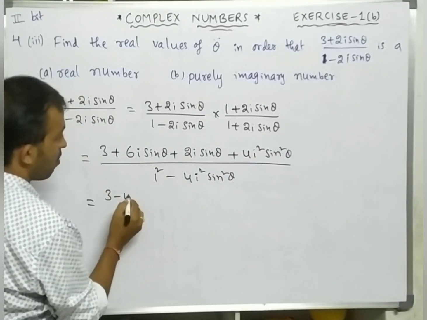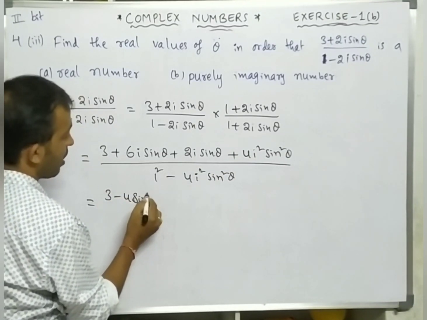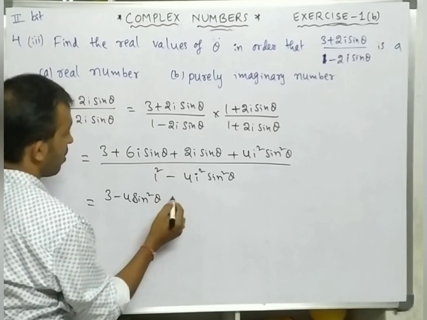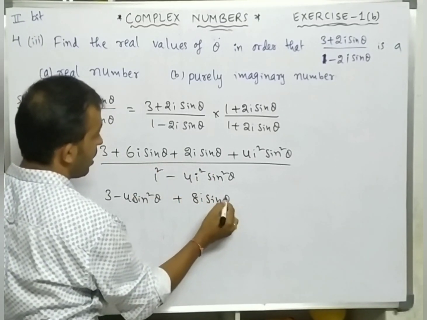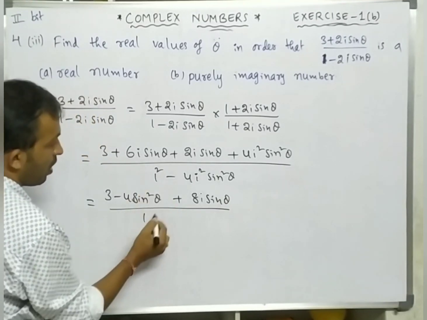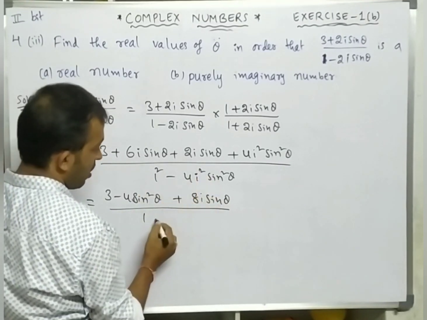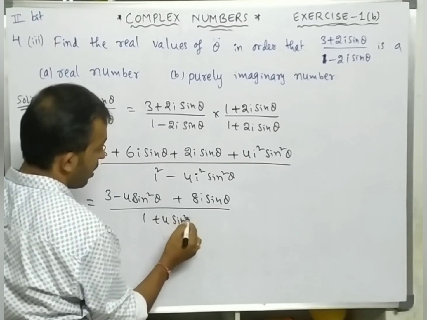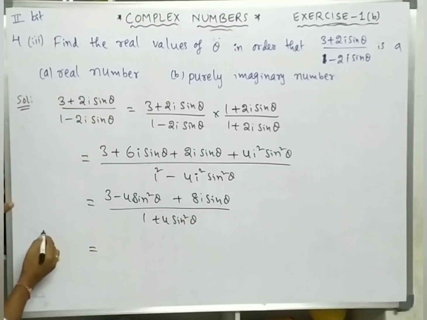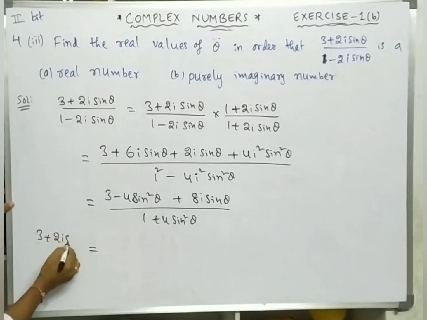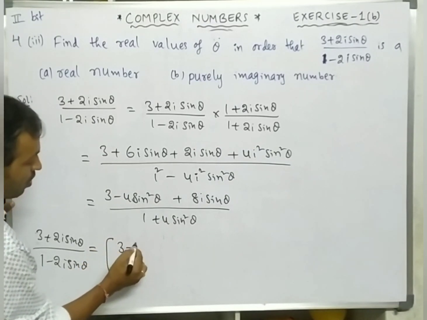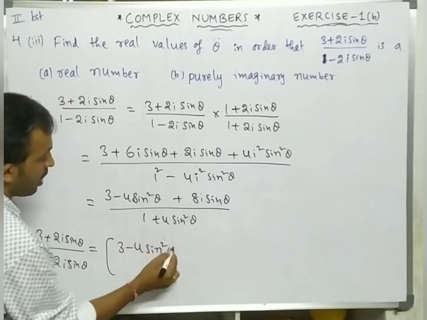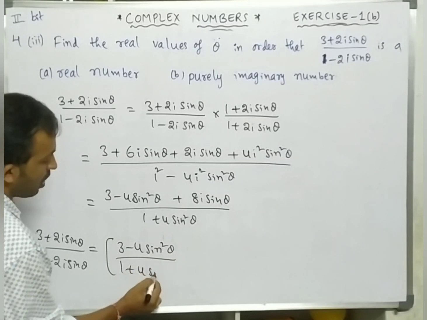So 3 - 4 sin²θ, plus 6i sin θ plus 2i sin θ, 8i sin θ, over 1, i² value -1, minus into minus plus 4 sin²θ. So (3 + 2i sin θ)/(1 - 2i sin θ) is equal to (3 - 4 sin²θ)/(1 + 4 sin²θ).